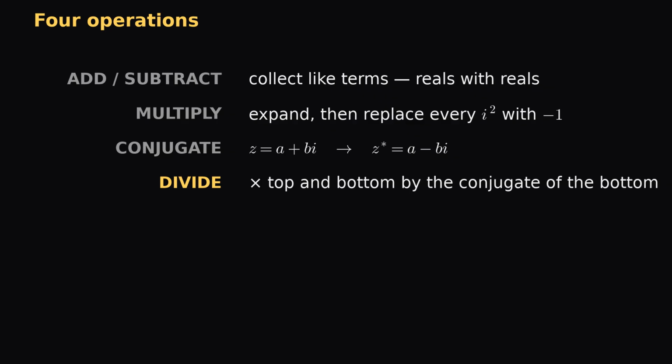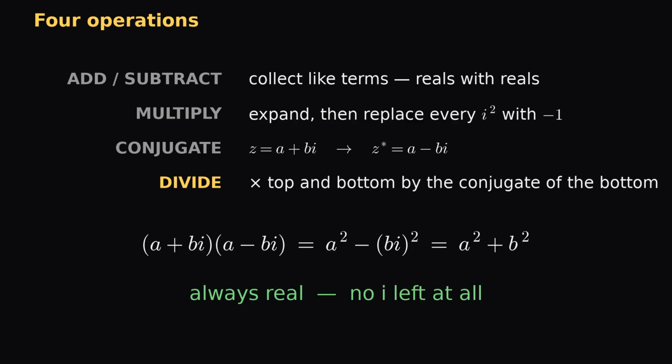Look, a plus bi times a minus bi is a squared minus bi all squared. And that's a squared plus b squared. No i left at all. That's why division works. You multiply top and bottom by the conjugate of the bottom, and the bottom goes real.